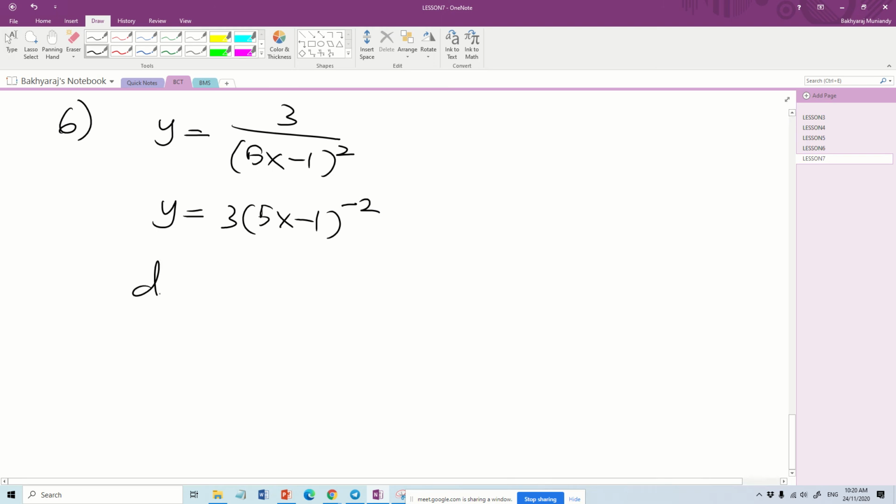So dy dx will be equal, so 3 times 5 times negative 2 times 5x minus 1 power of negative 2 minus 1.